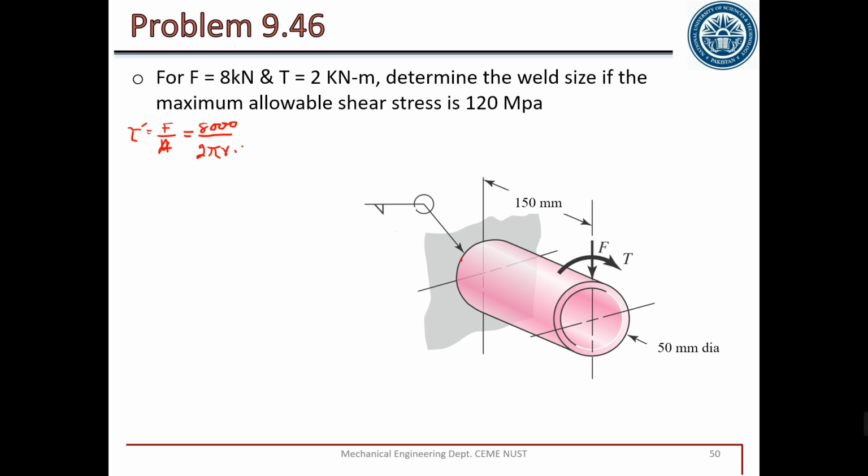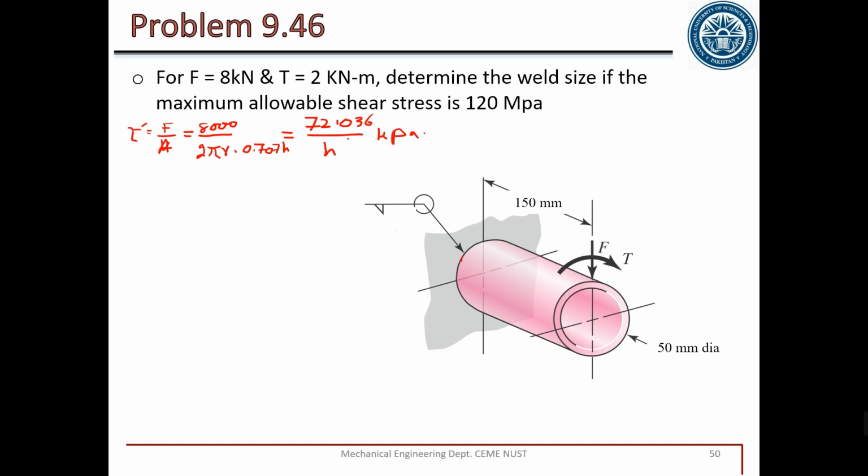What is the size of the weld? For a weld we use the throat thickness, so it is 0.707 H. This is the final value. If you substitute all the values, because R is known, 50 mm diameter so R is 25 mm, and H is unknown, the final answer we get is 72.036 divided by H kPa. So this is the primary shear.